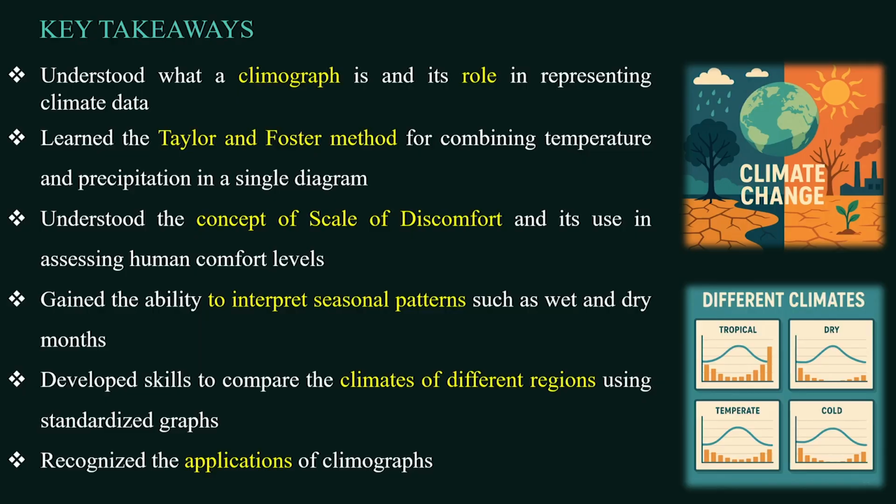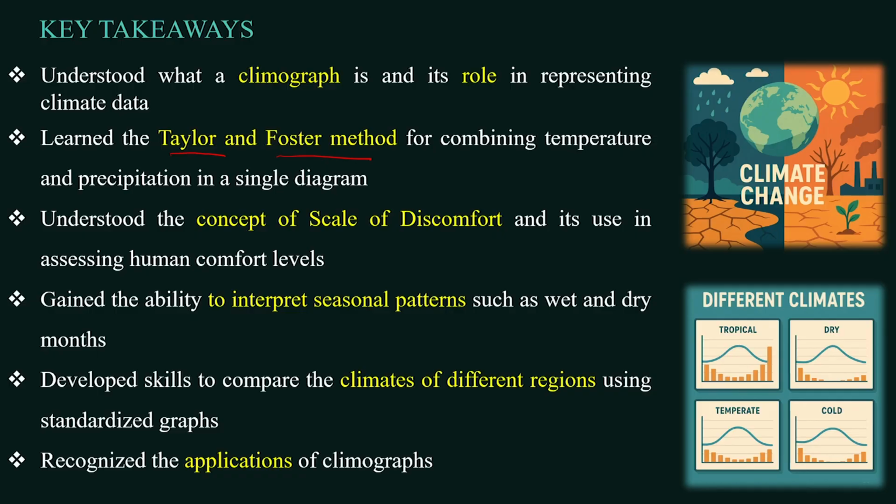These are some of the key takeaways we are going to see now. First, we understood what a climograph is and its role in representing climate data. Then we learned about the Taylor and Foster methods and how they combined temperature and precipitation into a single graph.